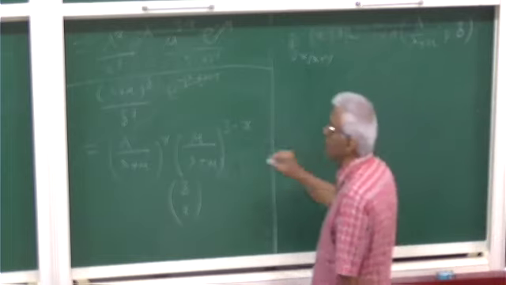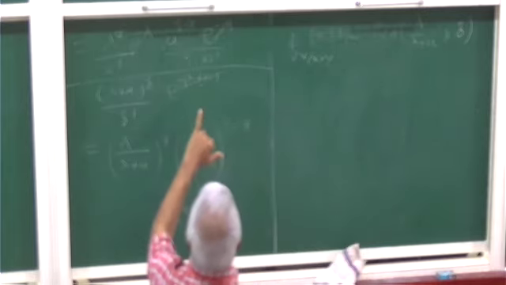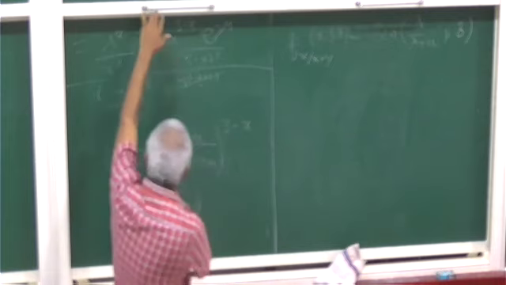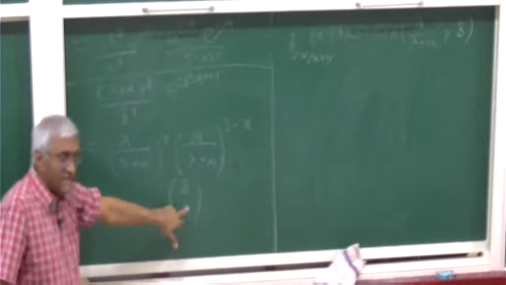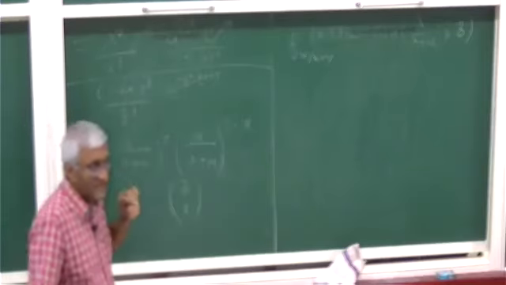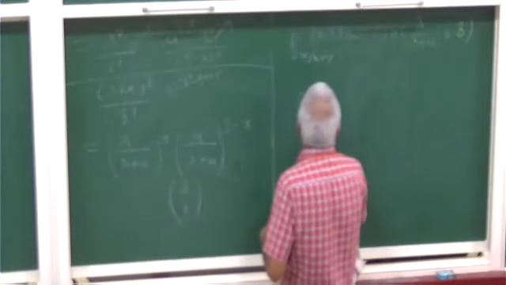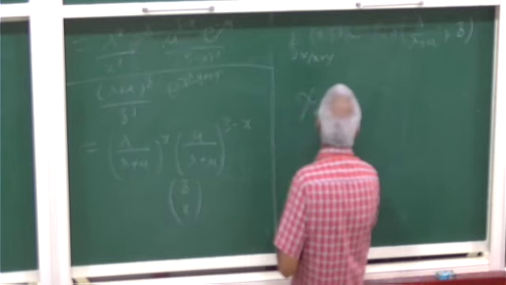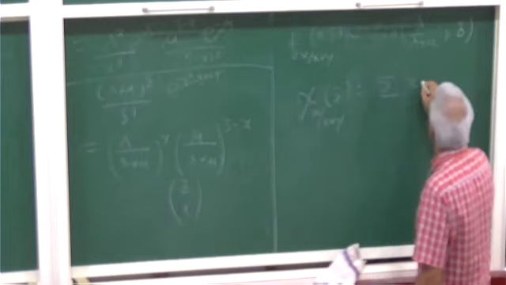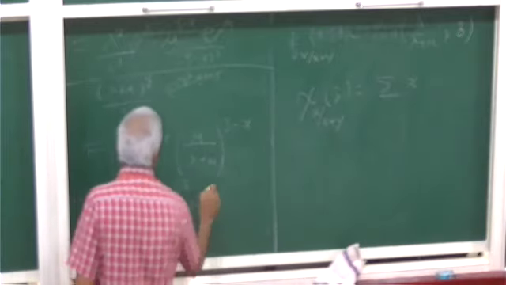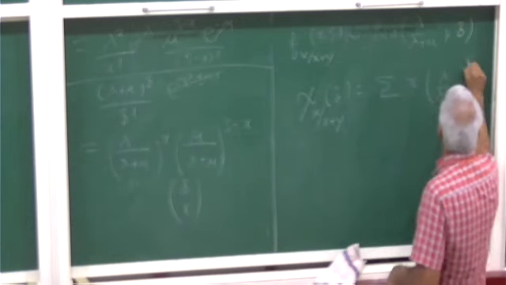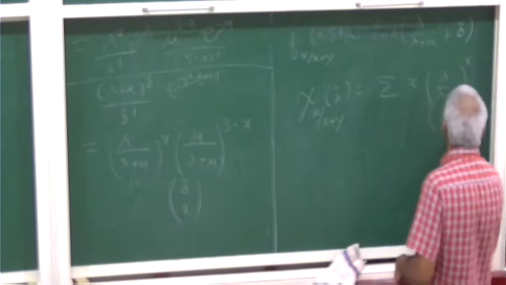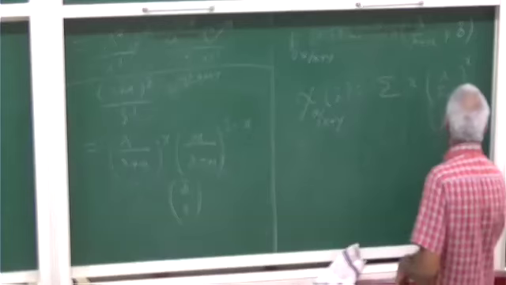This is a function of Z. We have to take the expectation with respect to X, and then we will get a function of Z. Whatever I call chi, chi of Z equals the summation over x of x times lambda by lambda plus mu to the power x, times mu by lambda plus mu to the power z minus x, times z choose x.